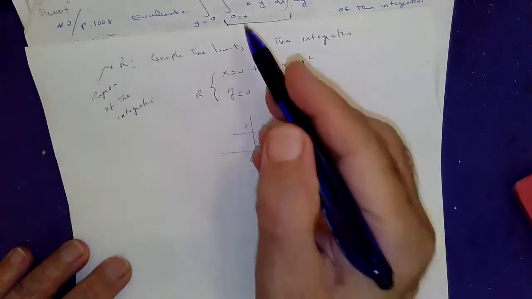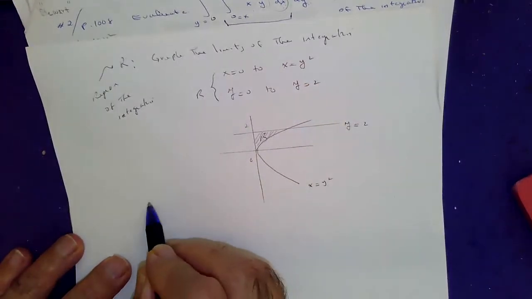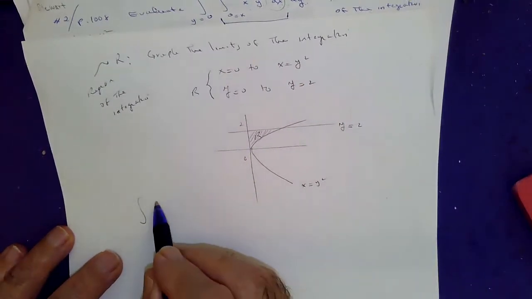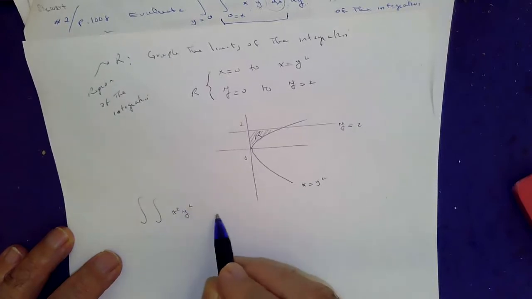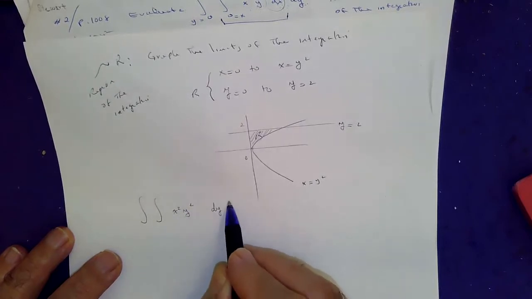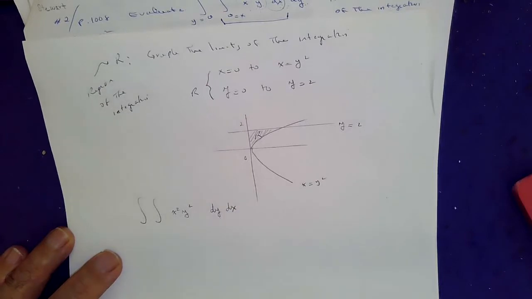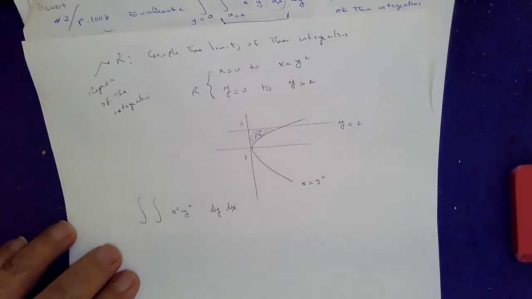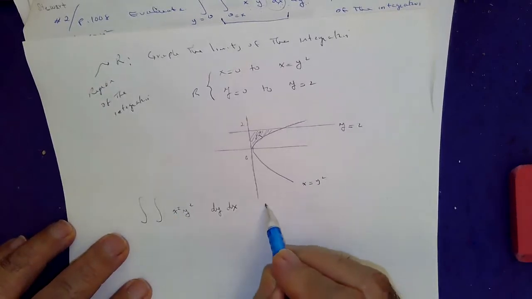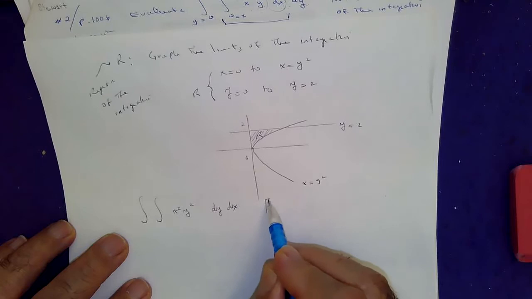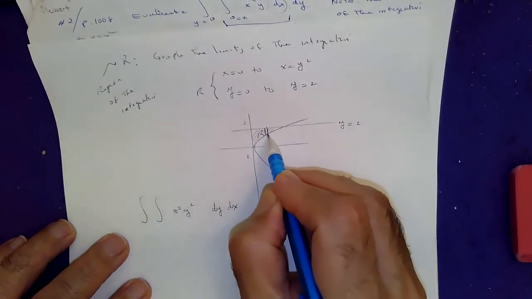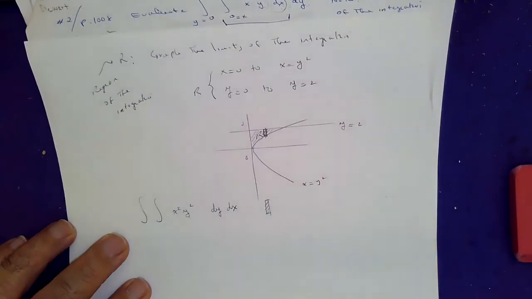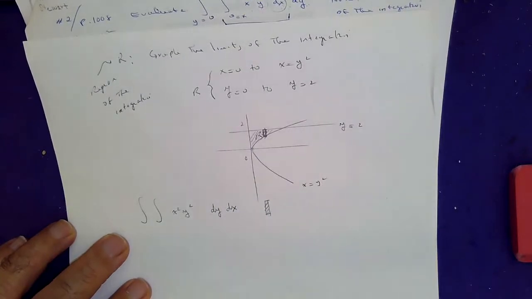Now the question is, how would you go about setting the limits? Even though I have the limits, let me show you how you would set them up. Let's say this is your integrand and you want to go dy dx, and all you have is a graph. dy dx means you take your rectangular element vertically.